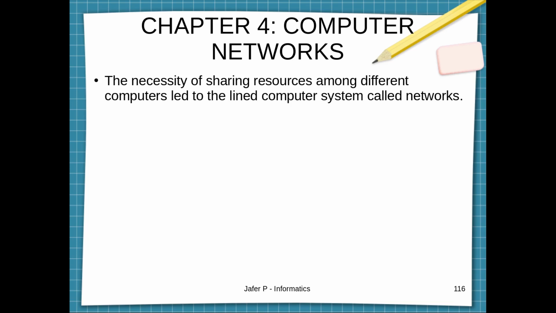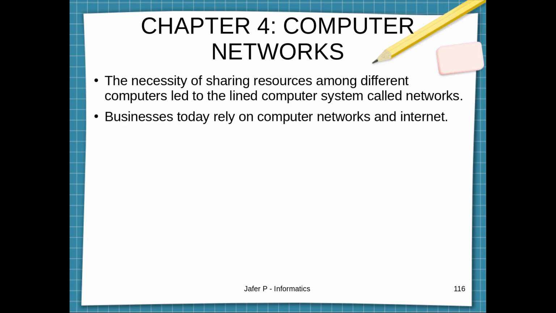The importance of sharing information between computer systems led to the implementation of a new system called networks. So in networks, many computer systems are interconnected and each of these systems can communicate with each other. Communicate with each other means you can share files.